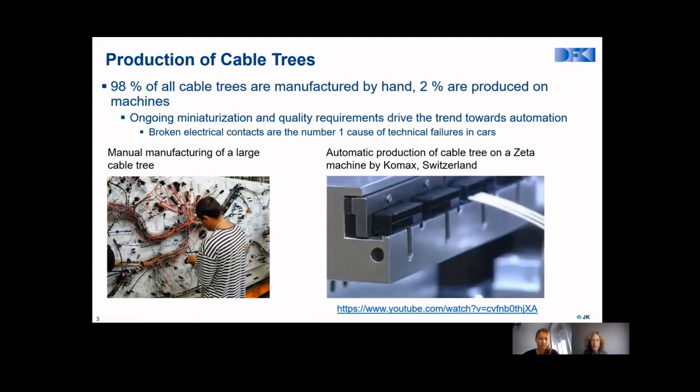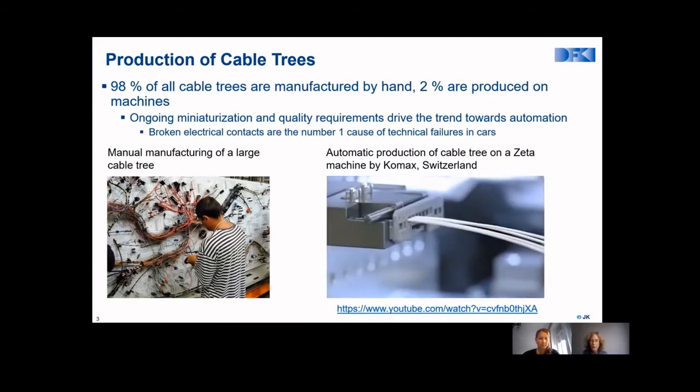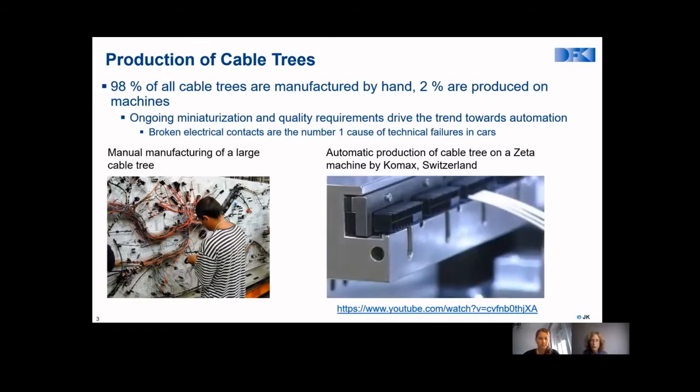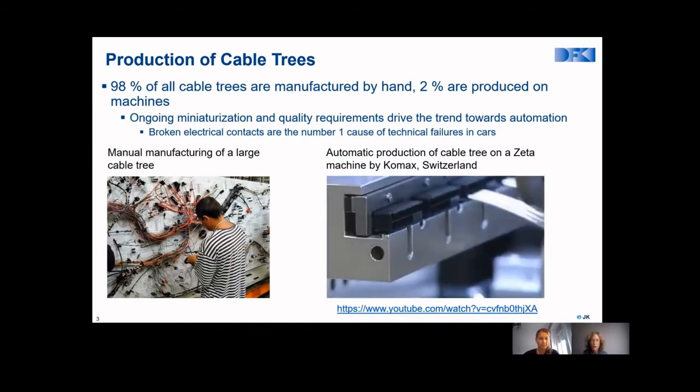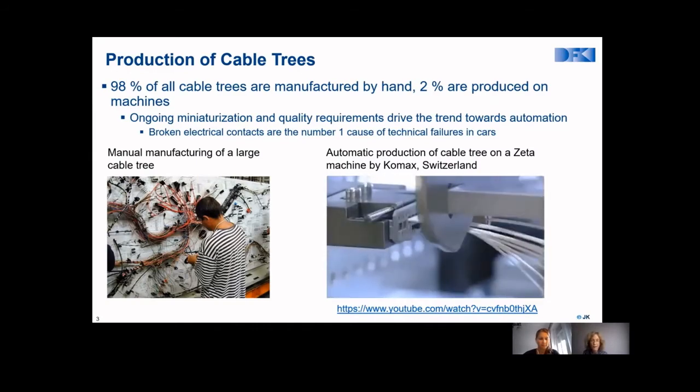The cables cannot be plugged in an arbitrary order because otherwise already wired cables would block certain cavity openings or the robot arm could get caught in already mounted cables. Ongoing miniaturization and quality requirements drive the trends towards automation. It is not surprising that broken electrical contacts are the number one cause of technical failures in cars today.